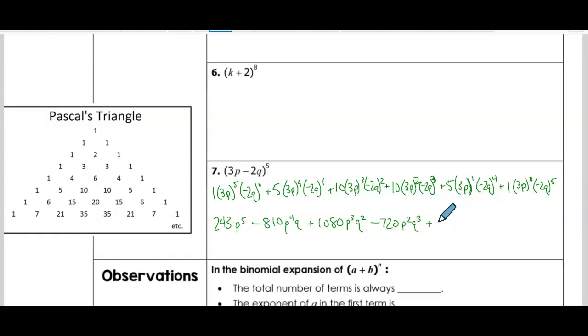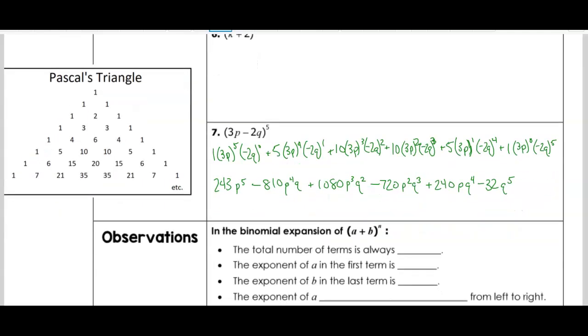And that works out to 240. p q to the 4th. And lastly, 3 to the 0 is 1. p to the 0 is 1. Negative 2 to the 5th is negative, and it's 32, q to the 5th. Okay, so I think we get the idea there.